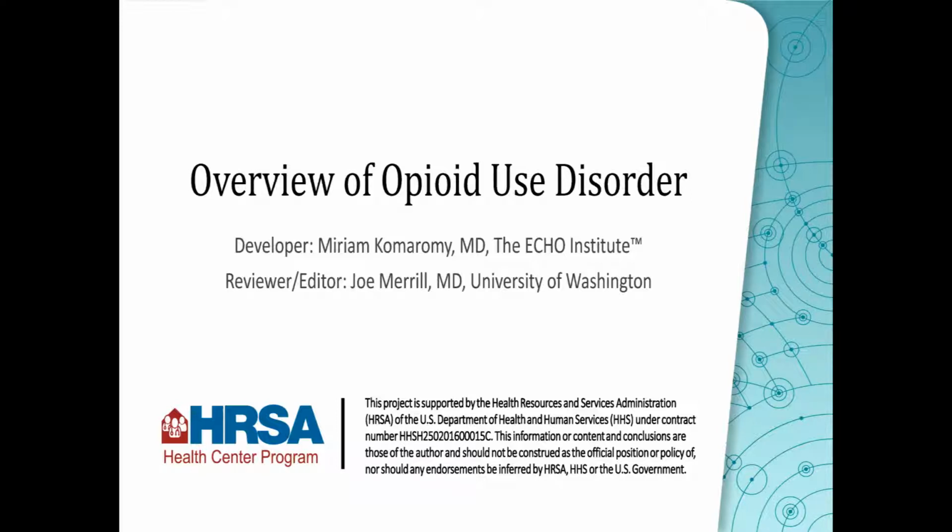So basically, opioids refers to agents that bind to the body's opioid receptors. There's three types of opioid receptors in the body that have various effects. The natural opioids, the ones that are derived from the opium poppy, include morphine and codeine and opium.